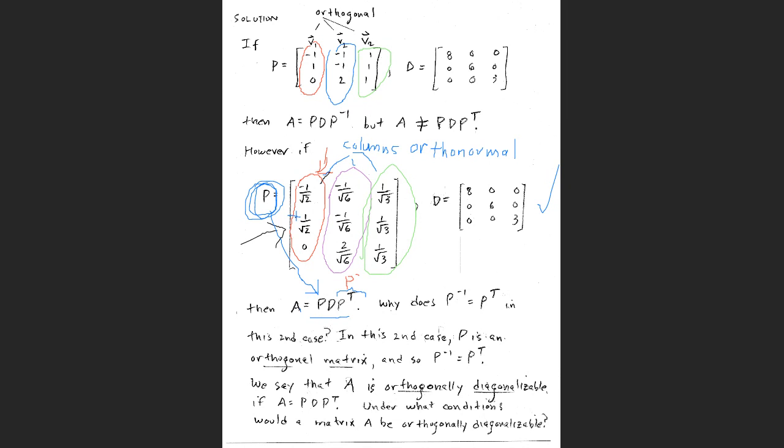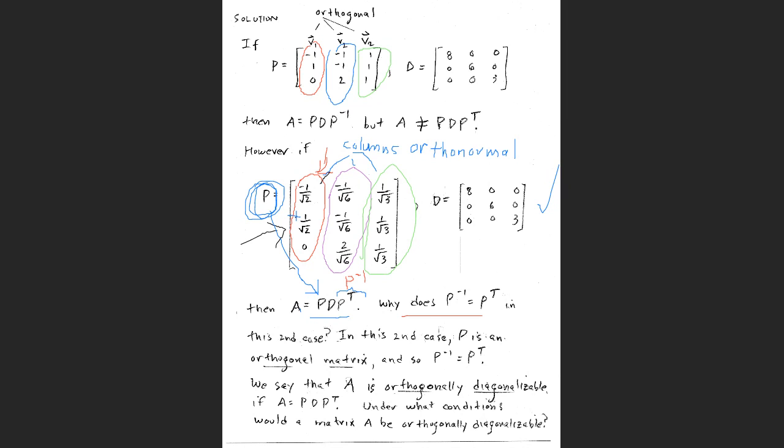It has to be, because A does equal P times D times P inverse. So P transpose would have to be equal to P inverse.